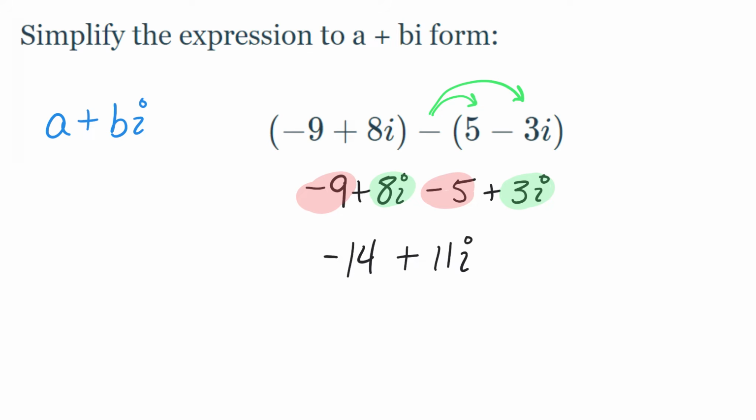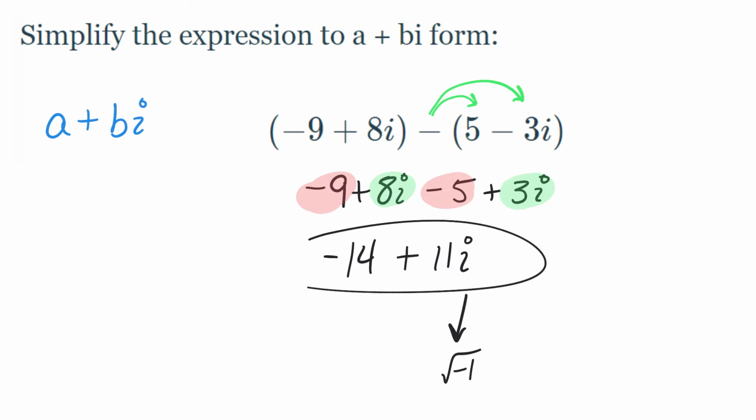So our i's did not receive any powers, so there is no trick to this. This i did behave as if it were just a variable, but we do need to recognize that this i is not a variable. It is the square root of -1. But this is our simplified form. It's not a solution, it's a simplified form.